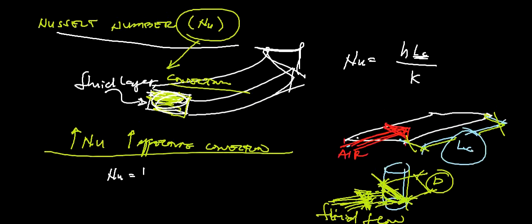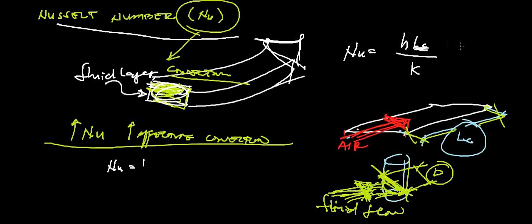So let's now move on to the Prandtl number. By the way, once again, the Nusselt number only represents the enhancement of heat transfer through the fluid layer as a result of convection relative to conduction, right?